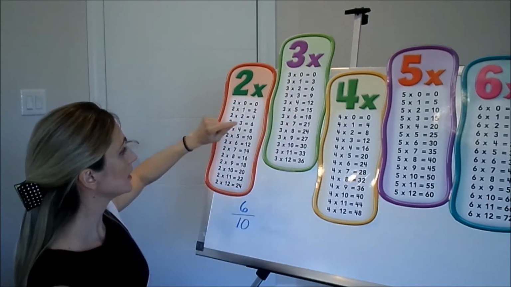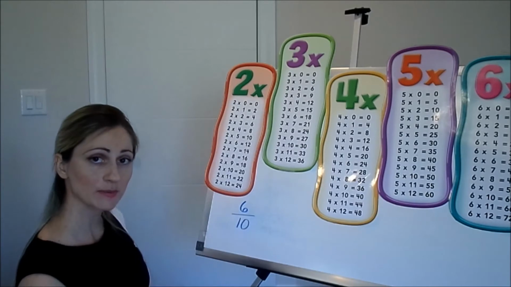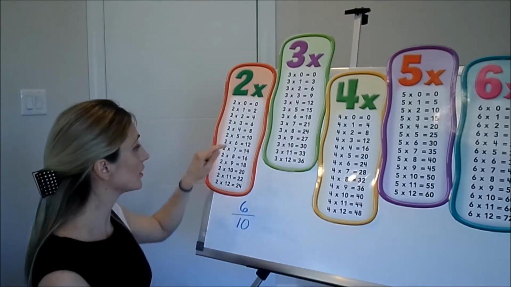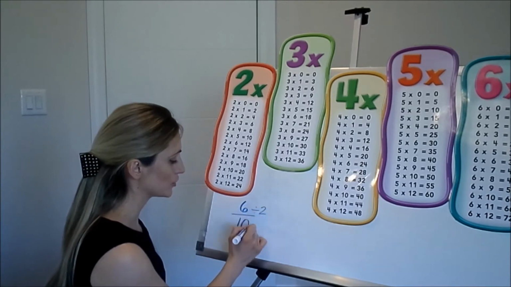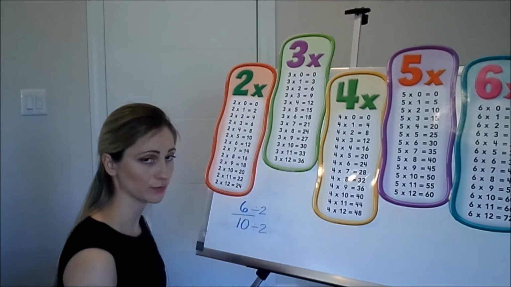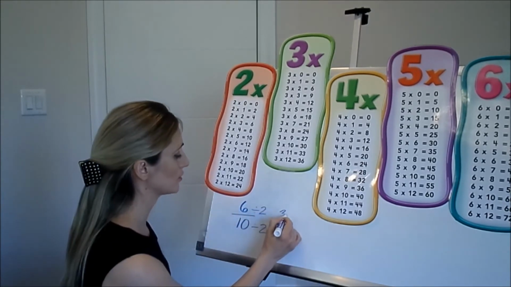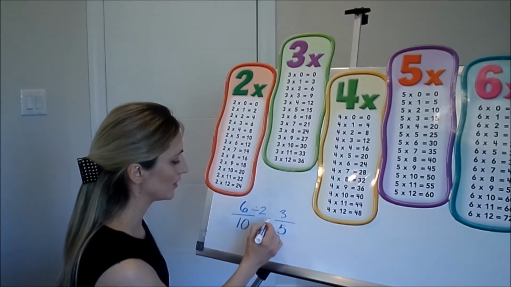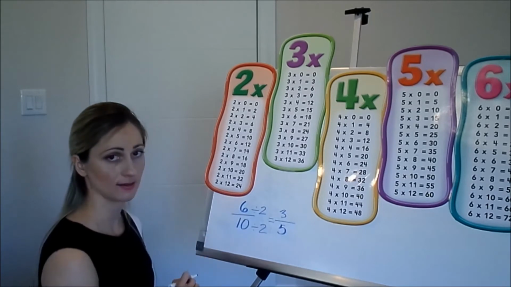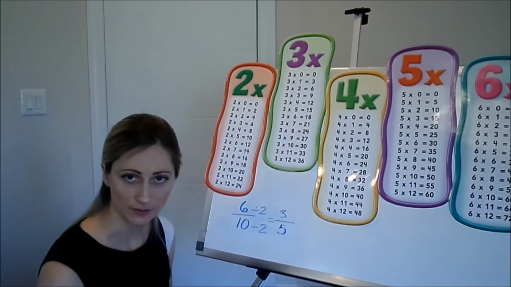This won't work. Is there a 6 and a 10 on the 2 multiplication train? Yeah, there is. 6 and 10 can both be divided by 2. This is what you're going to do. 6 divided by 2 is 3, and 10 divided by 2 is 5. So 6/10 is the same as 3/5.